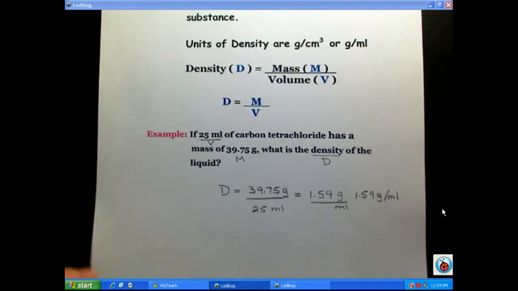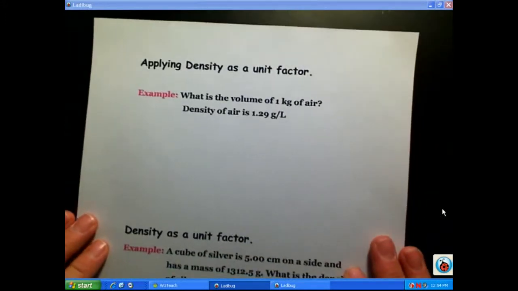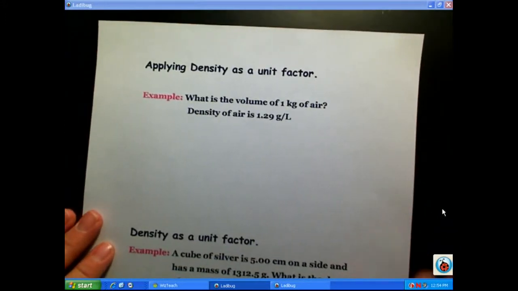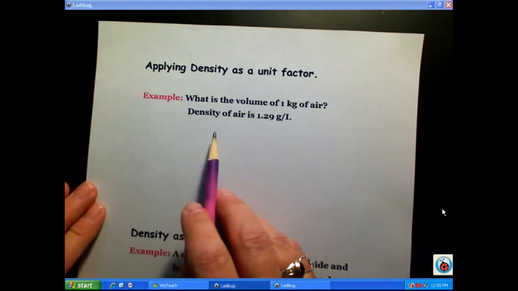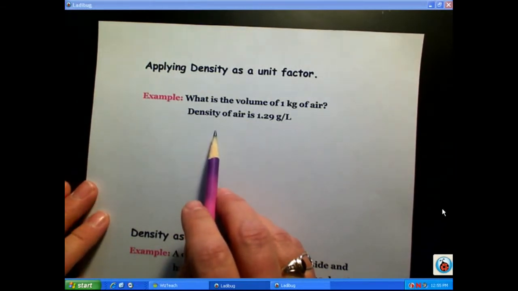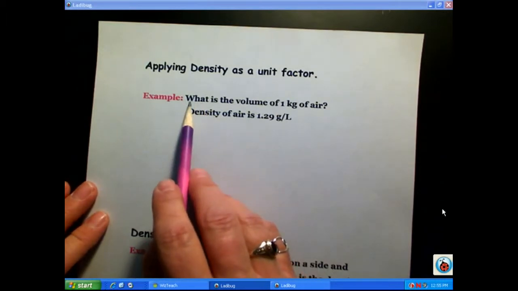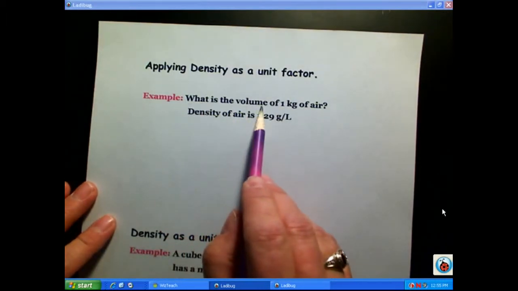On the next example, applying density as a unit factor, this time we're going to have to rearrange that density formula to solve for a different unknown. In this one, it's asking what is the volume.